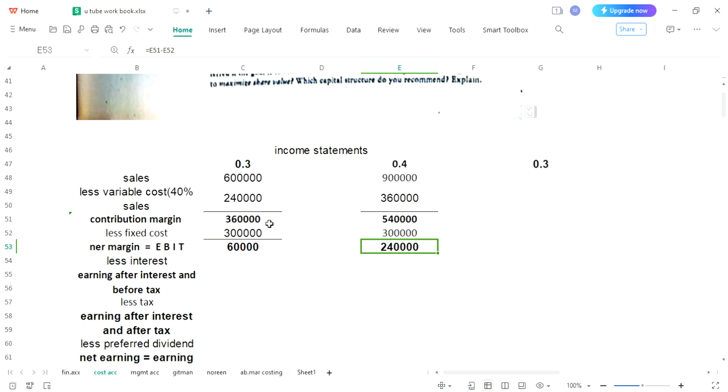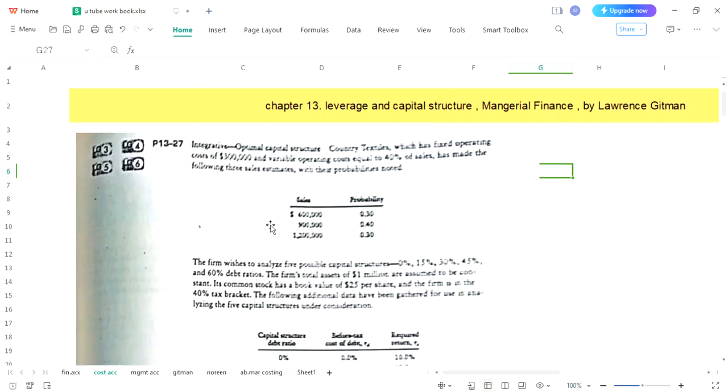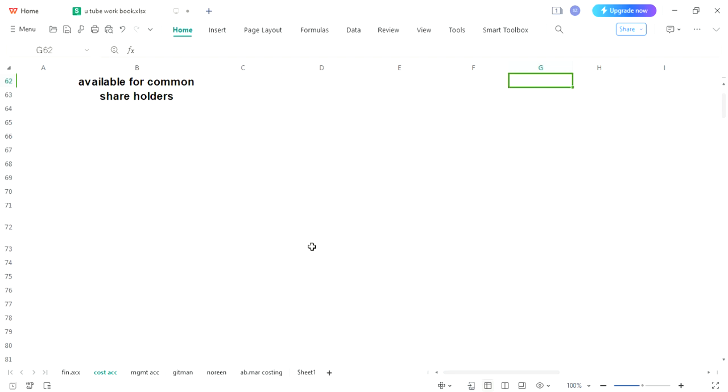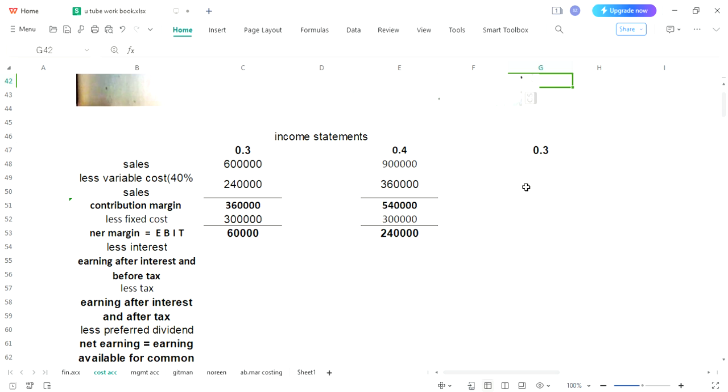Let's mark it. And similarly, we will solve for EBIT with the same procedure. 0.3 probability is your next and sale is 12 lakh. So over here you will put 12 lakh as your sales, after which you are going to calculate variable cost, which is 40% of sales.